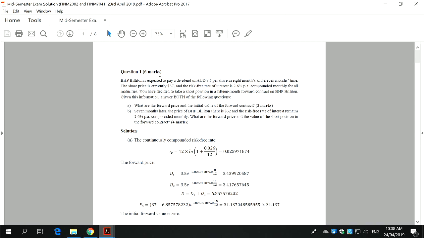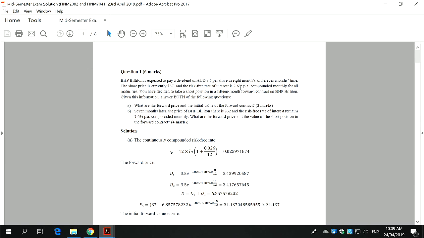So this question says, BHP is expected to pay dividends of $3.50. The first dividend will be paid in 8 months' time, and the second dividend will be paid in 11 months' time. And you were told the spot price of a BHP share is 37 at the moment.